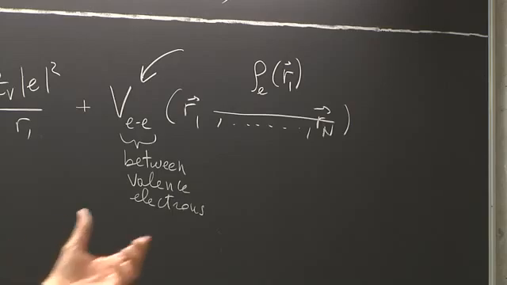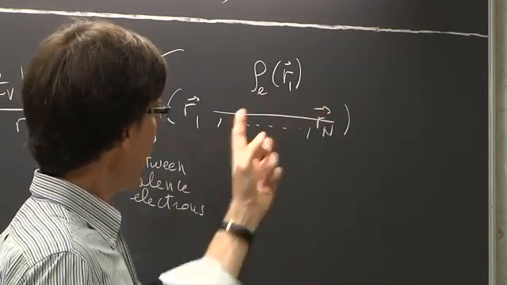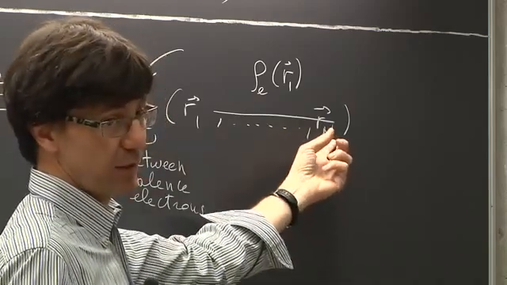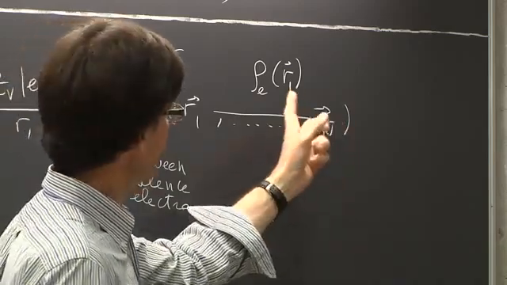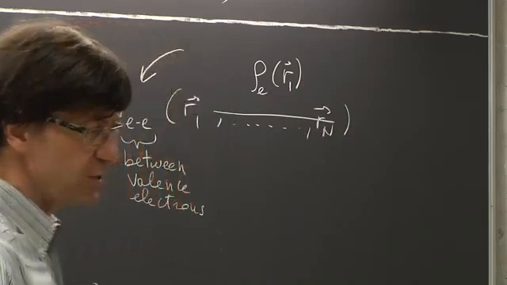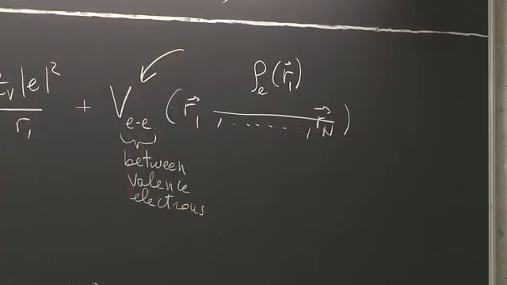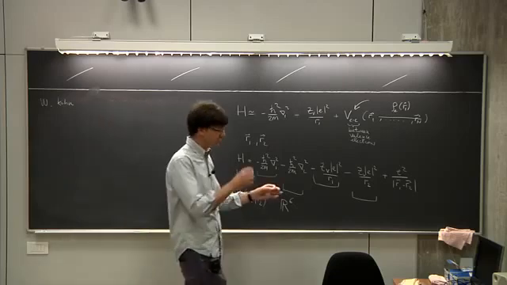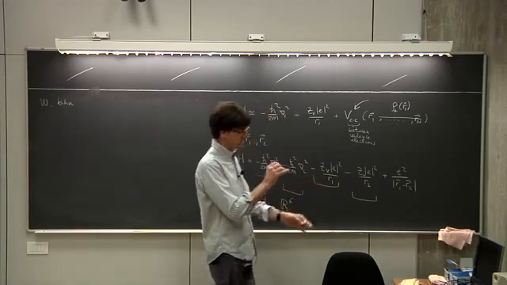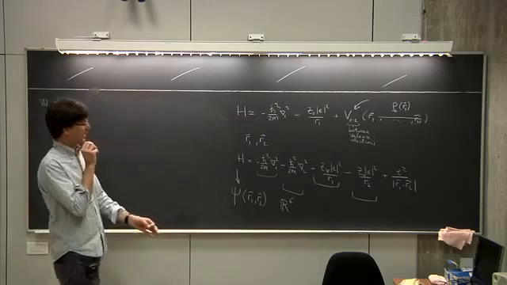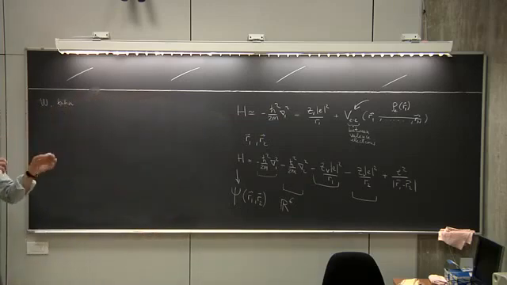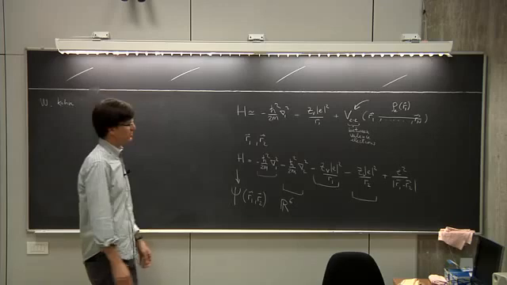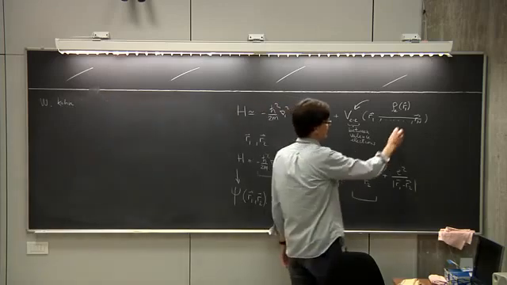So some information is retained. But I don't need to retain all the information about where all the other electrons are. I just need to keep information about the overall density of the system. That is, I only need to know where the global charge is. I don't need to recognize inside the global charge whether this is contributed by electron 2, 3, 4, or whatever. I just look at the global charge. So that's the total charge density.